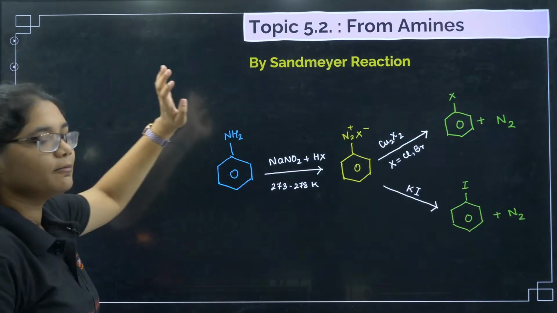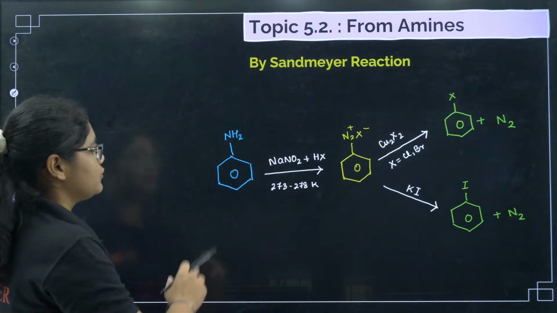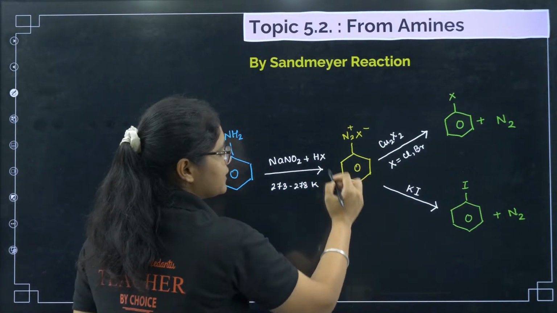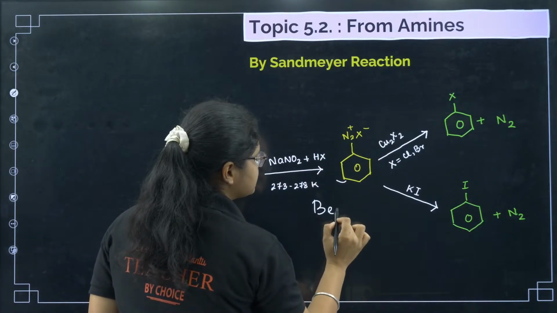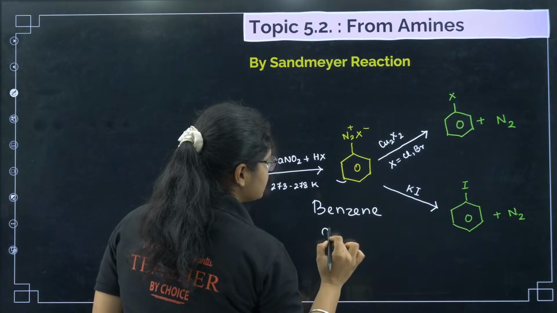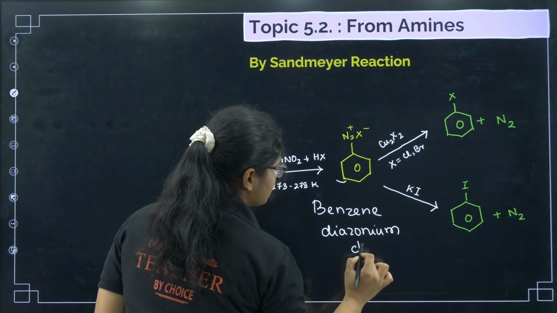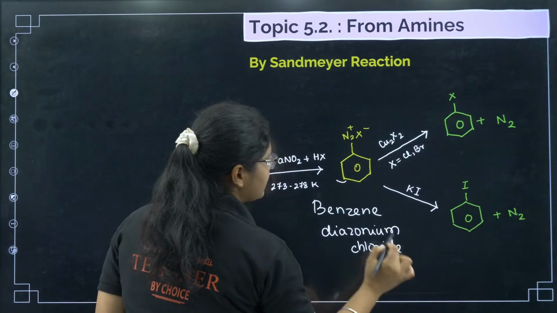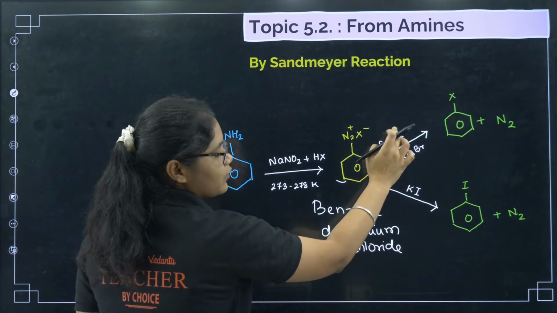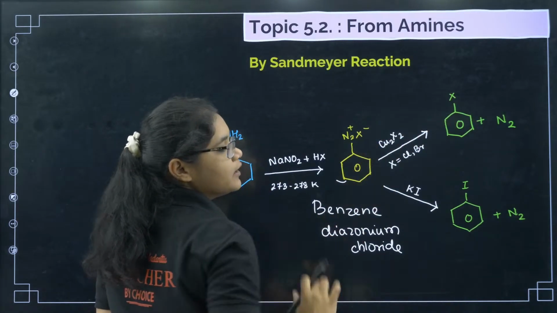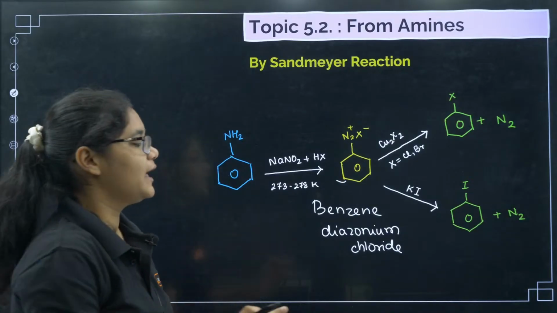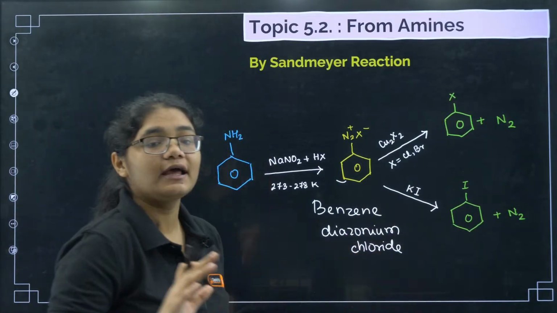Next we have from amines, and from amines, first I need to convert to this special compound which is called benzene diazonium chloride. Now benzene diazonium chloride, you can treat it with a copper salt, that will give you chlorobenzene or bromobenzene, and if you treat it with KI, you will get iodobenzene.